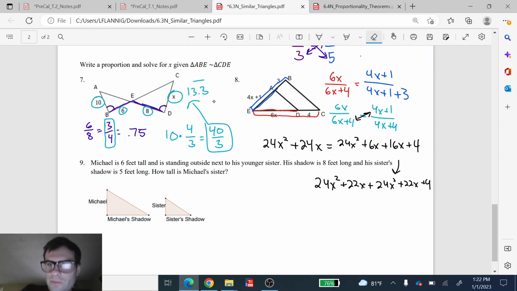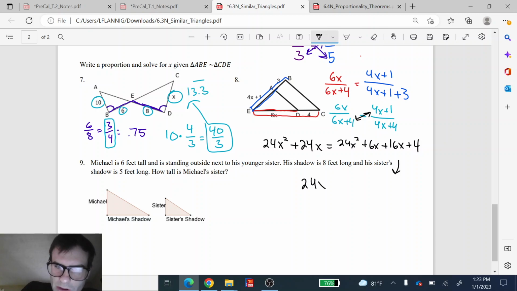Cool. I am also going to rewrite this. So you should have 24x squared plus 24x equals 24x squared plus 22x plus 4.